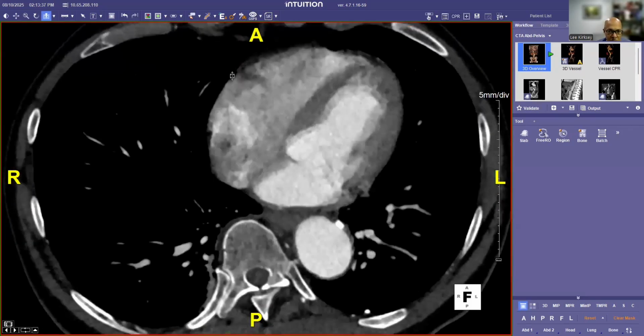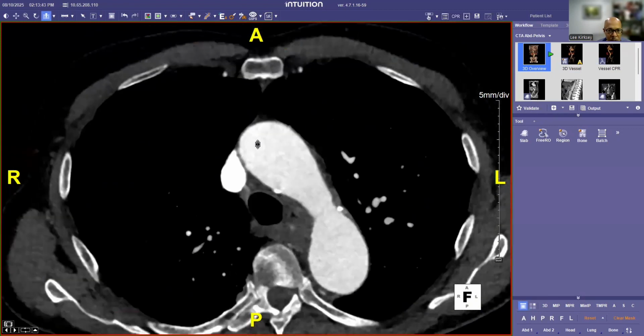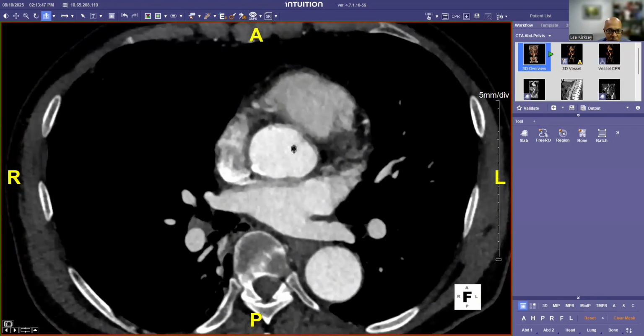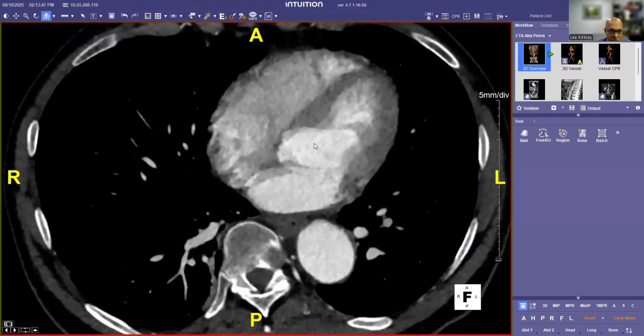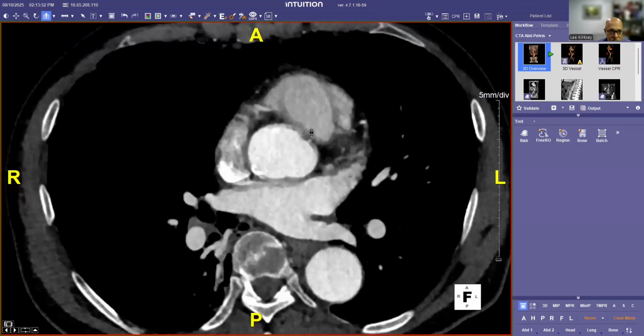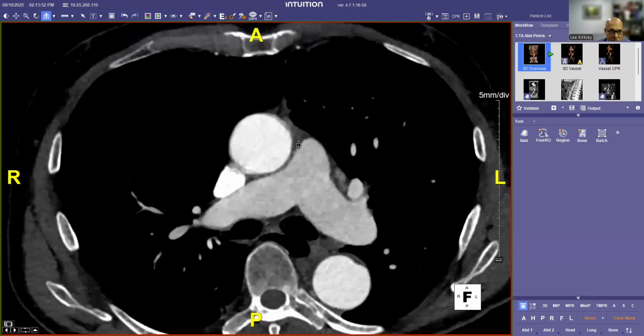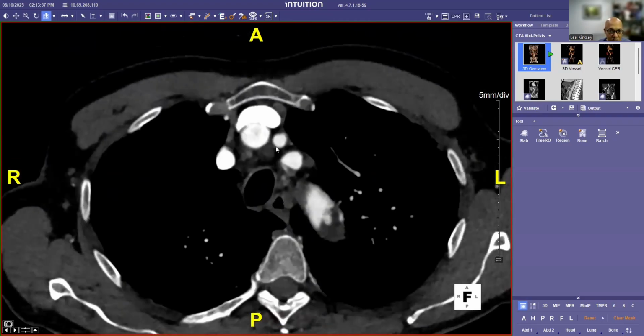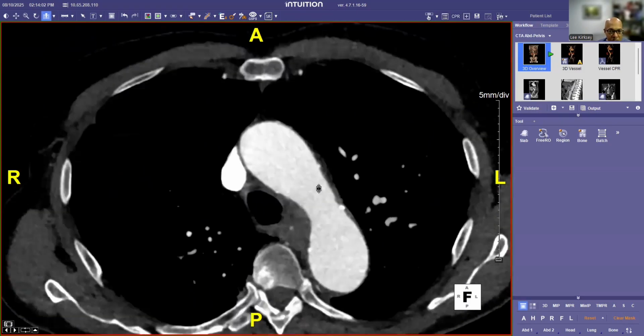This is in the chest or thoracic cavity. Here's the heart, the left atrium, the left ventricle, the aorta, and the blood vessels that originate from the aorta: the innominate, left carotid, and left subclavian artery.